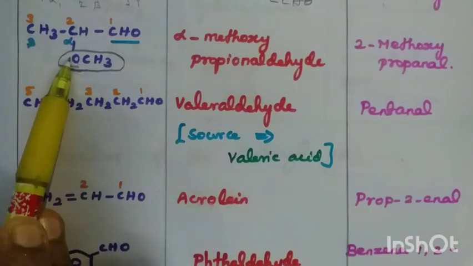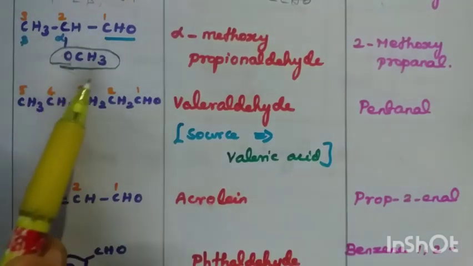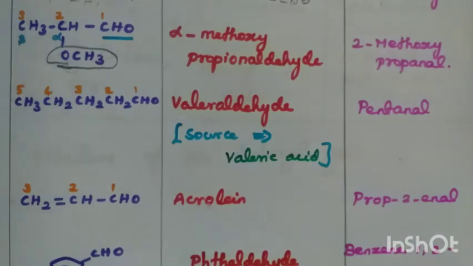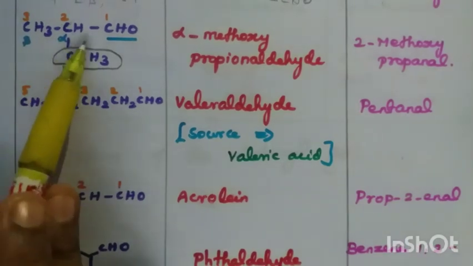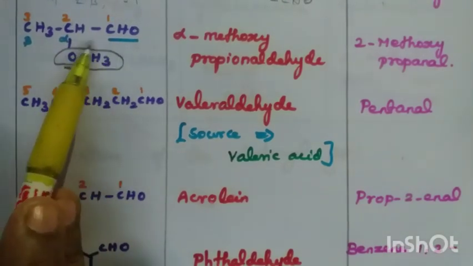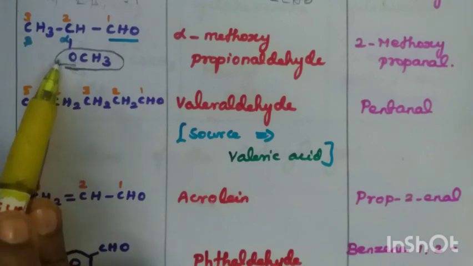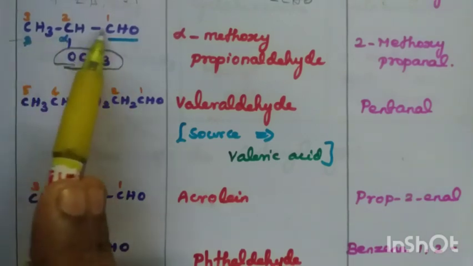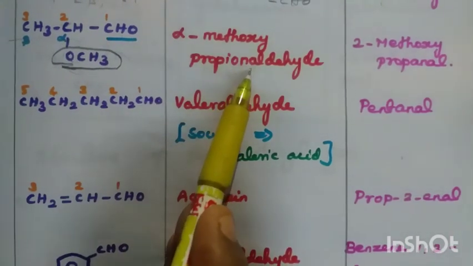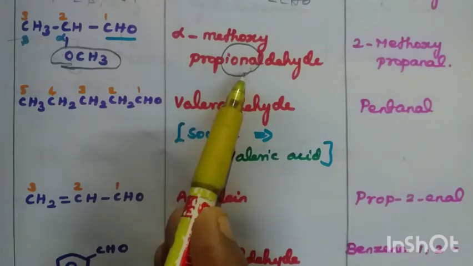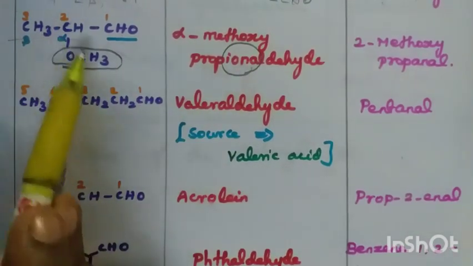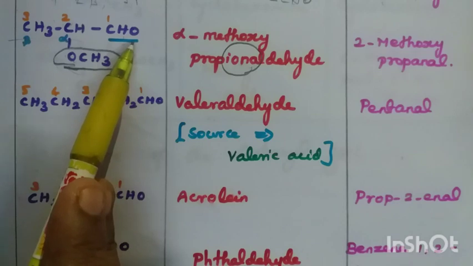While writing the common name, the carbon directly attached to the functional group is called alpha. So alpha methoxy propionaldehyde is the common name. 2-methoxy propanal is the IUPAC name.